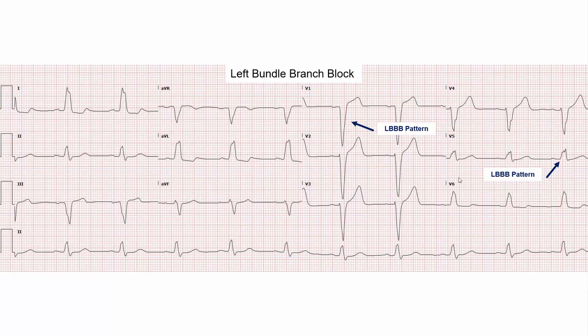But what you hopefully didn't miss is the wide QRS complex and the deep S waves in V1, and that pattern is the easier way to recognize a left bundle branch block. I'll point out that in this case we actually don't have left axis deviation, but in a typical left bundle branch block you will have a leftward axis.